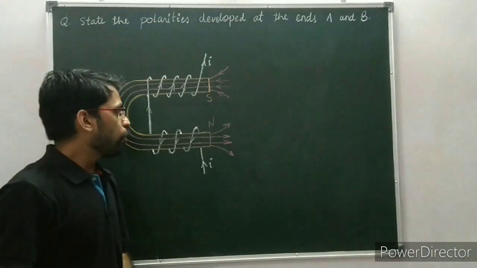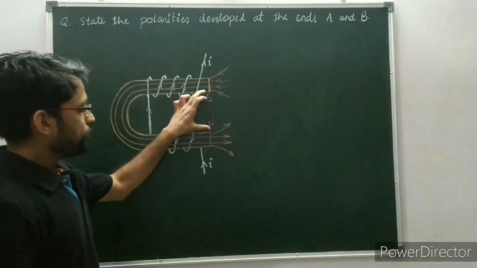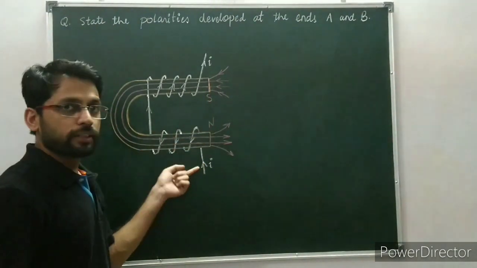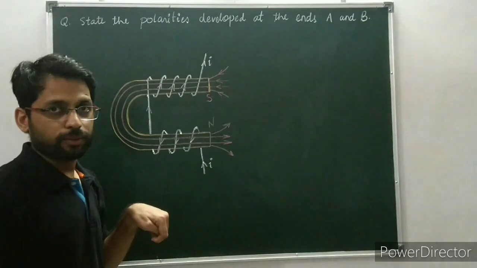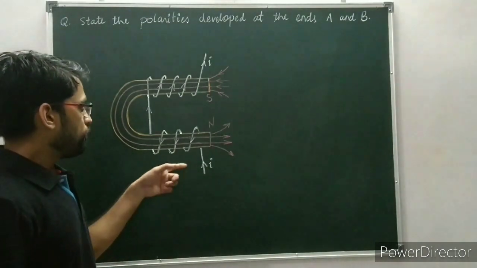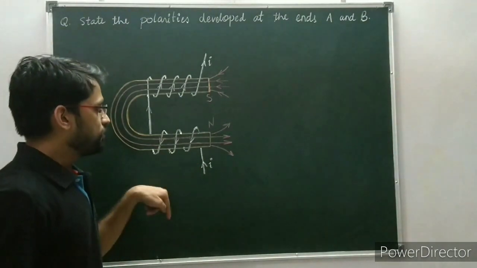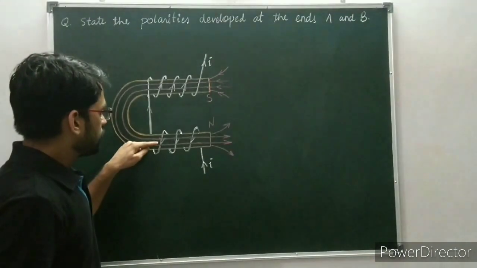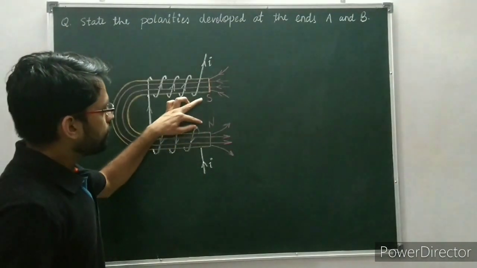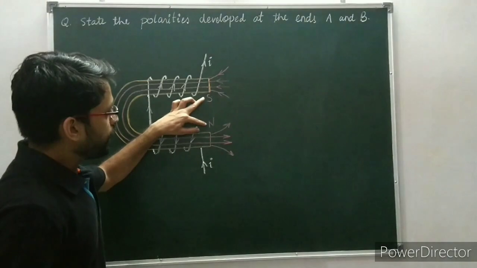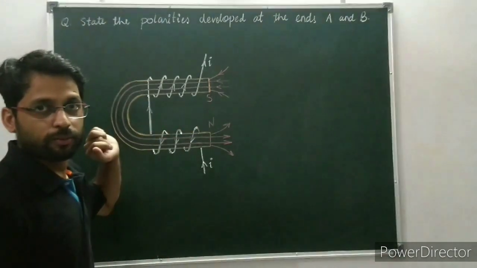Second question is, what happens when the direction of current is reversed? The answer is, when the direction of current is reversed, then the polarity gets reversed. Why?